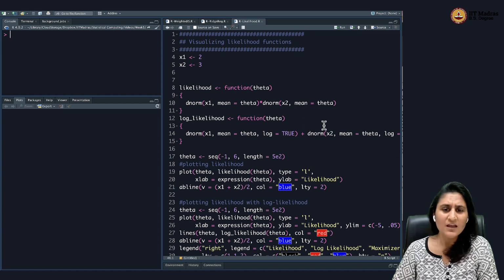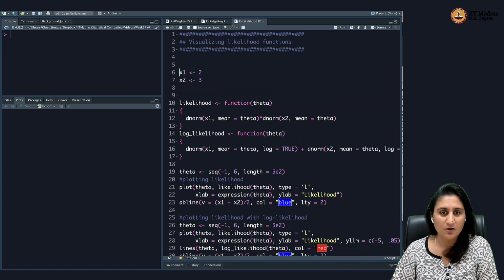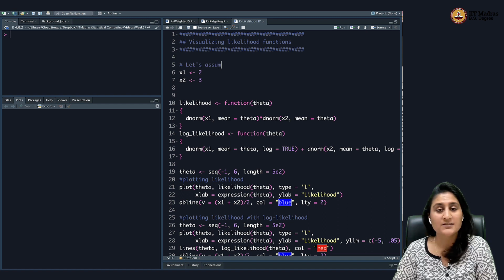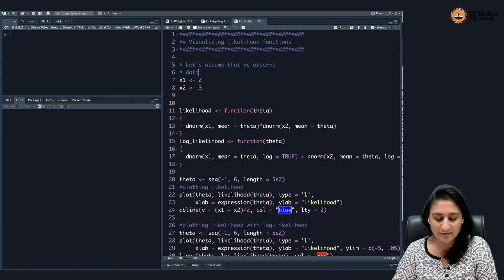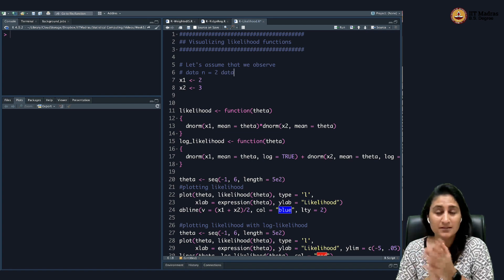If you recall, in our notes we had an example where let's assume that we observe two data points, exactly n equals 2. The two data points we observe are x1 being 2 and x2 being 3.